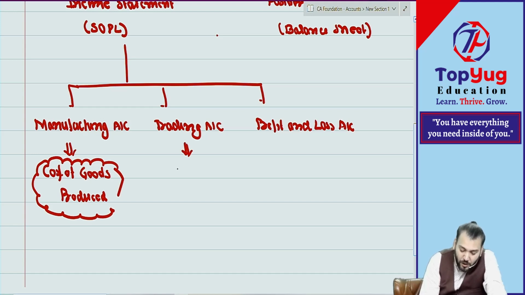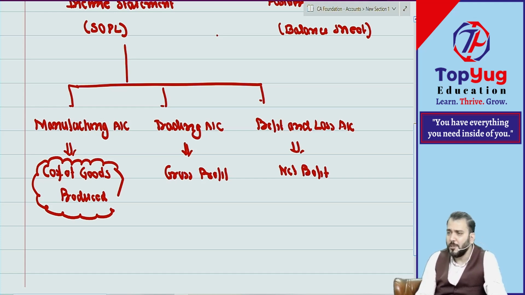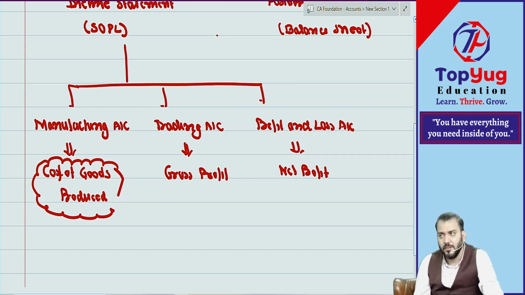From the trading account we calculate gross profit. And from the profit and loss account we calculate net profit. One thing we know, that gross profit is transferred to the PL account. And net profit is transferred to the capital account. Who has said balance sheet? No, no. It is transferred to the capital account in the balance sheet.